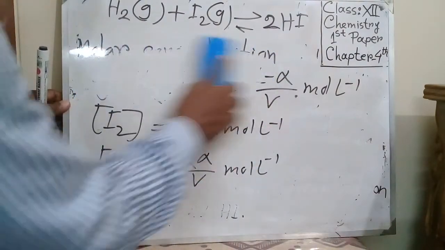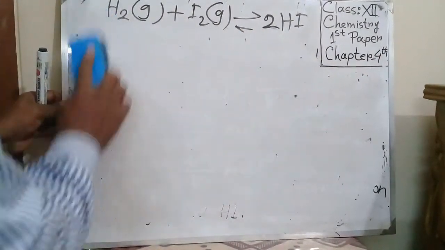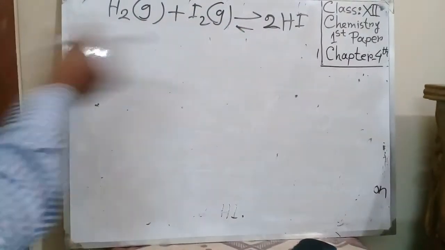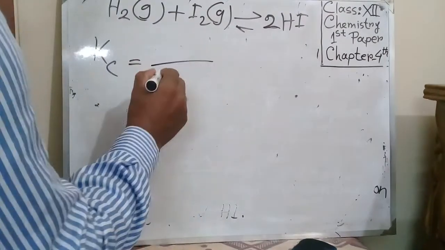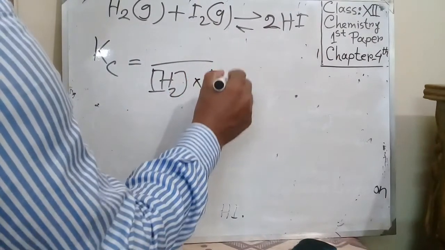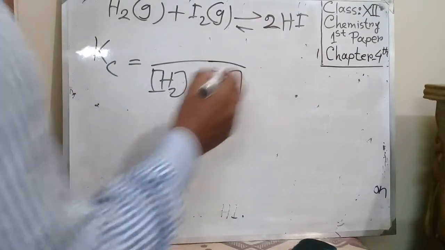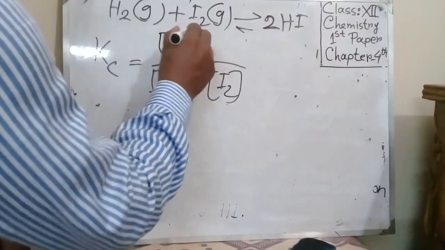Now the Kc. Hydrogen iodide has 2 moles, and hydrogen and iodine 1 mole each, so Kc will be the concentration of hydrogen and the concentration of iodine as the denominator, and the numerator will be hydrogen iodide.